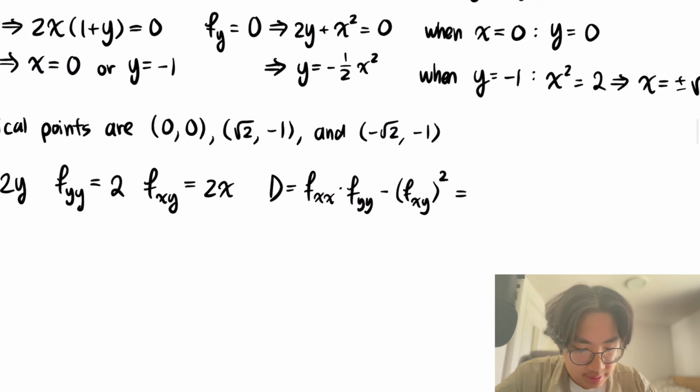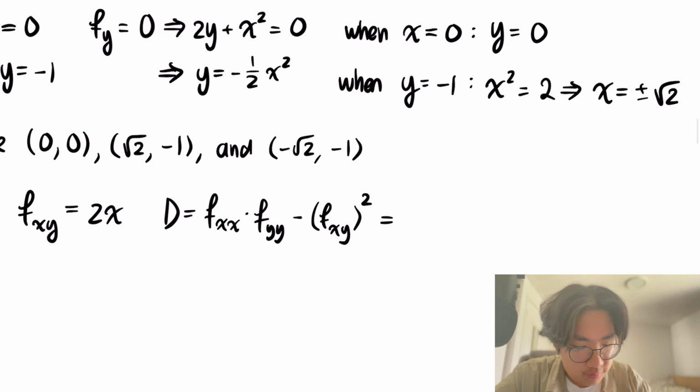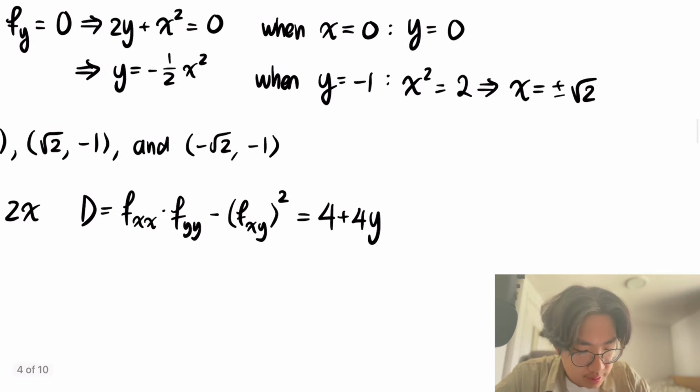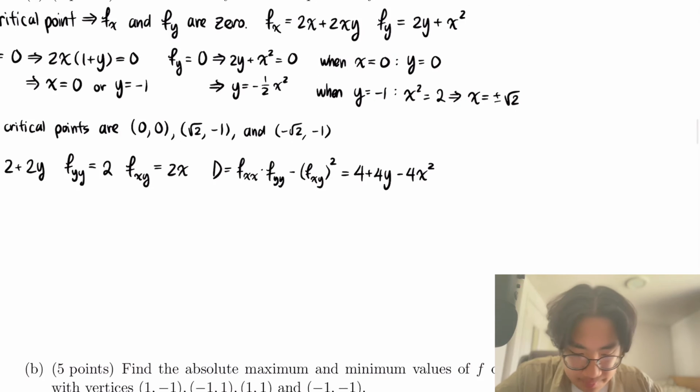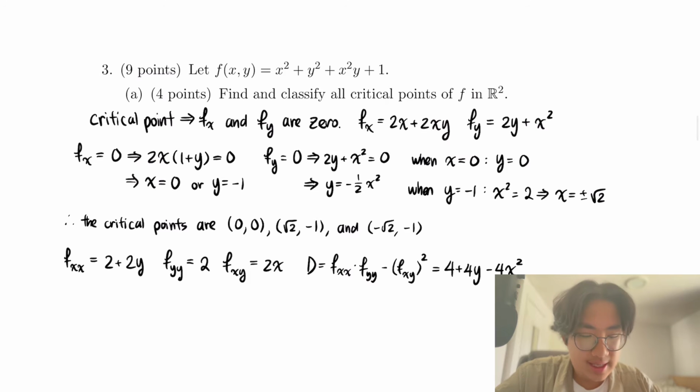So after plugging this in, we get this times 2, so 4 plus 4y. And then minus 2x squared, so 2x in brackets squared, so minus 4x squared.